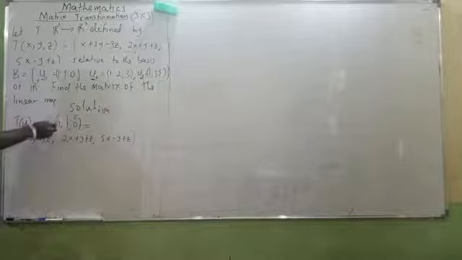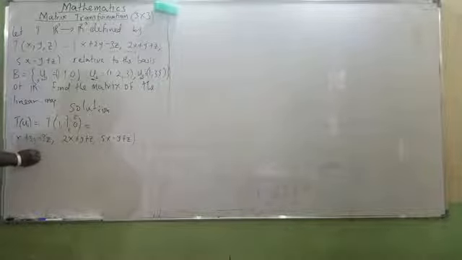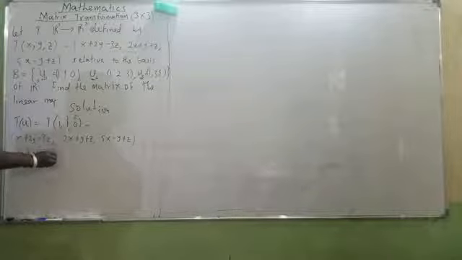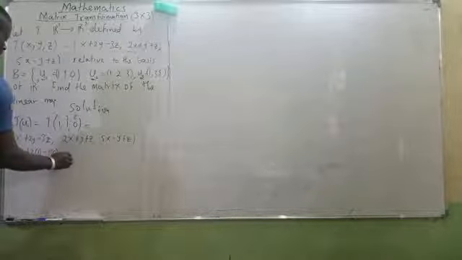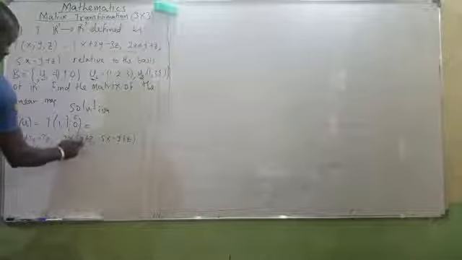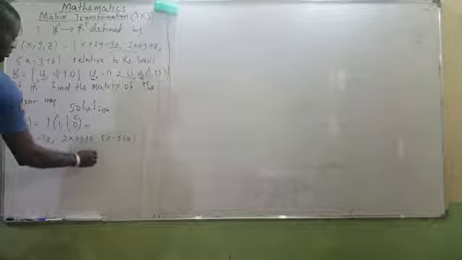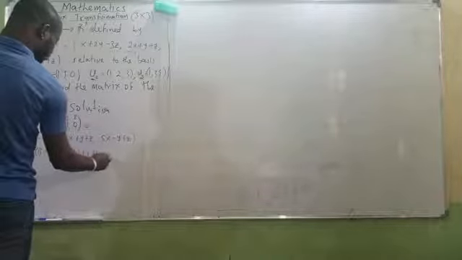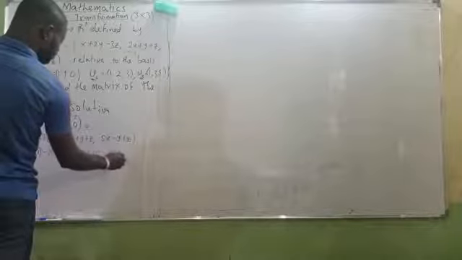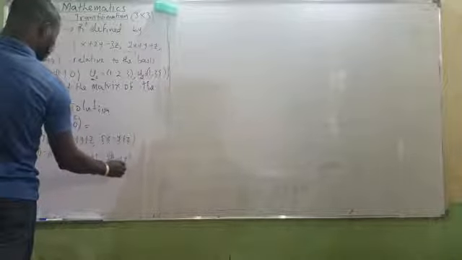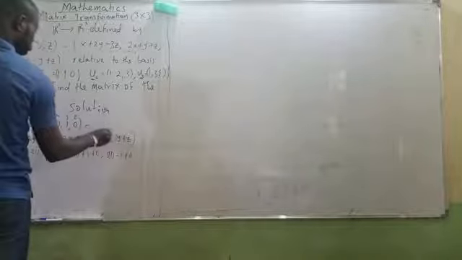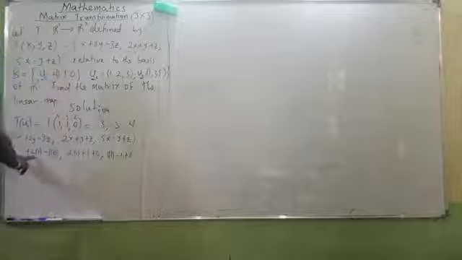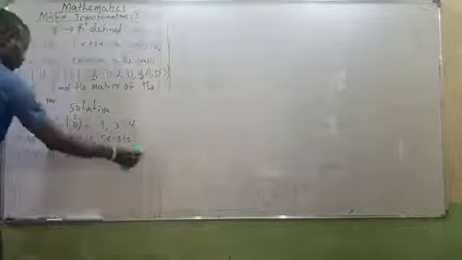Now, back to that: 1 plus 2 times 1 minus 3 times 0, comma, and I have 2 times 1 plus 1 plus 0, comma, and this will be 5 times 1 minus 1 plus 0, which will be here 3, here 3, and here 4. Now, that is what I'm trying to do there. Please take note of that very well.